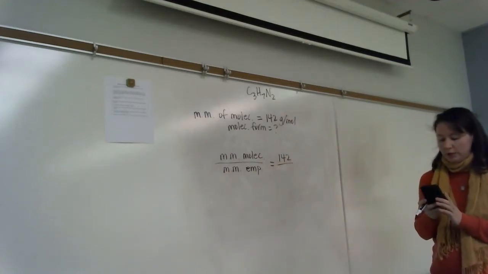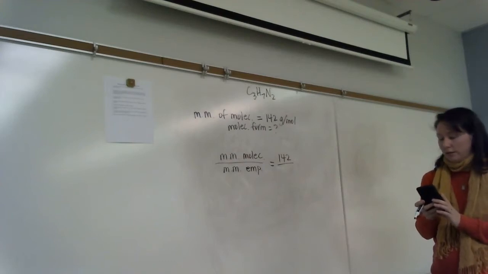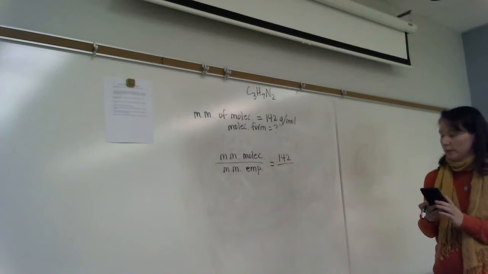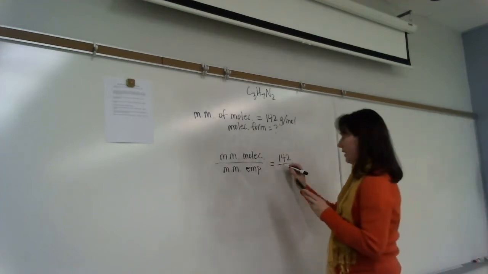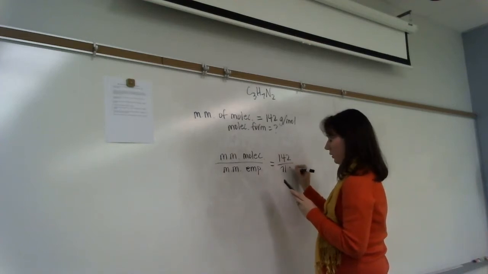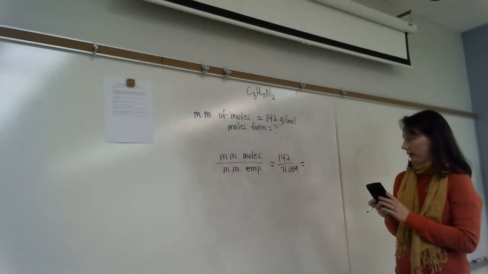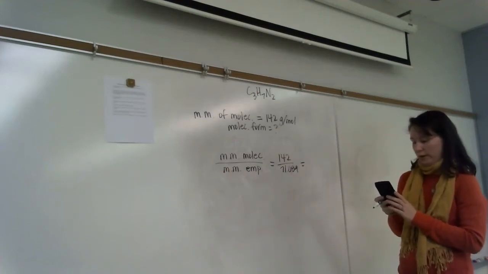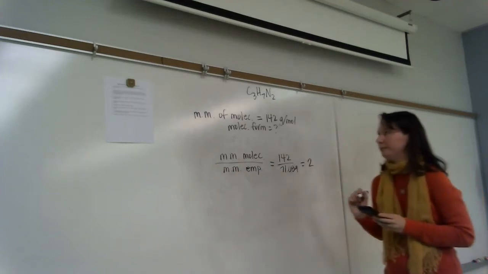So 3 times 12.011 plus 7 times 1.008 plus 28. That gives me 71.089, so that's going to be about 2. 142 divided by 71.089 gives me 1.997, right, so we're multiplying by 2.